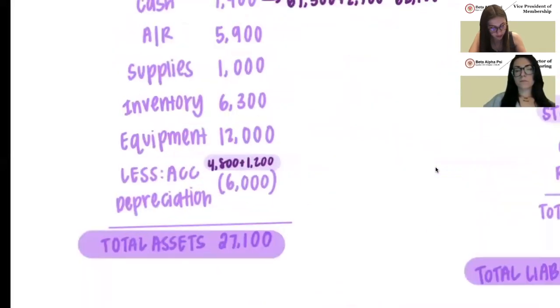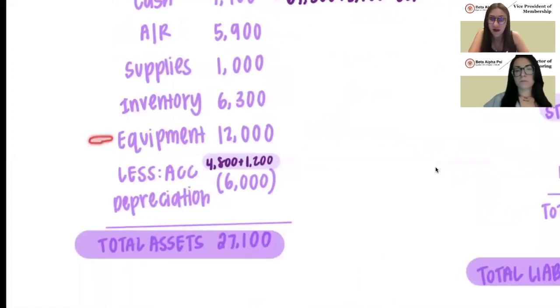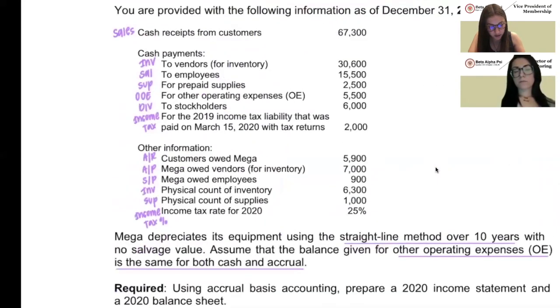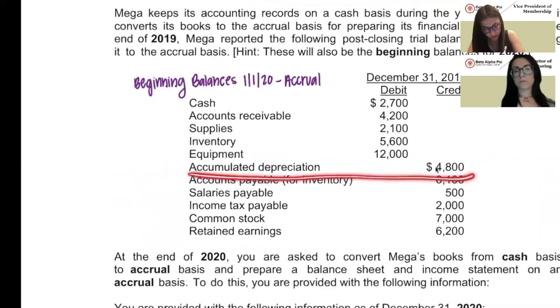And our equipment. Our equipment value stays the same. It's always going to be 12,000, but now our accumulated depreciation is going to go up because we had another depreciation expense during the year, that 1,200 that we calculated. So our beginning balance for accumulated depreciation was 4,800.